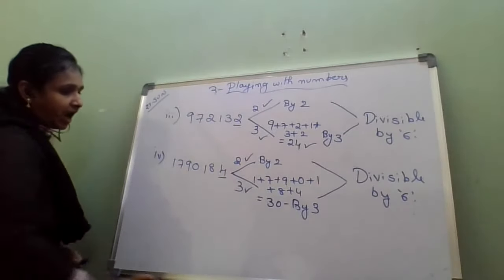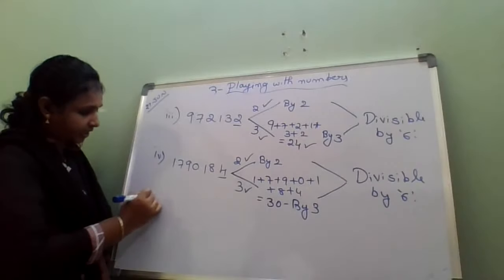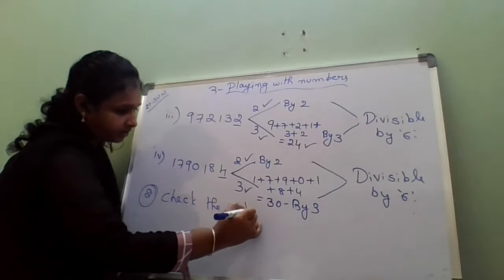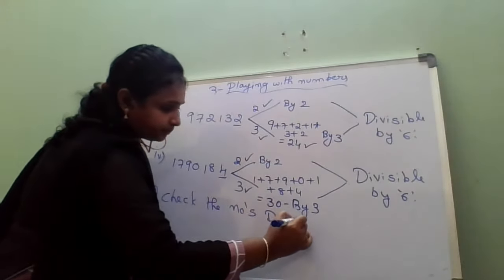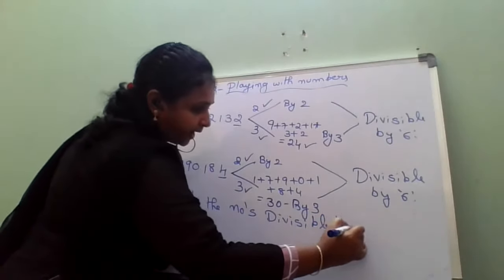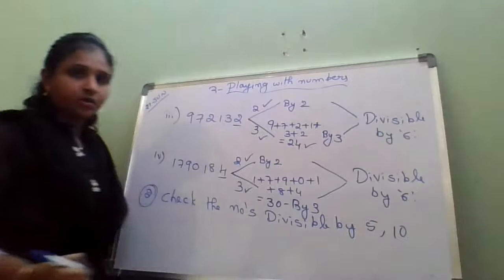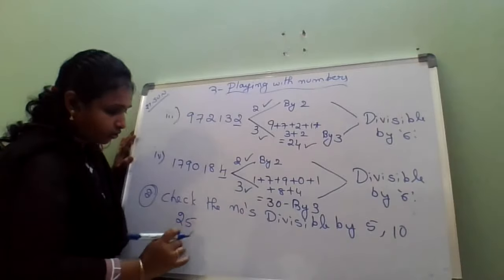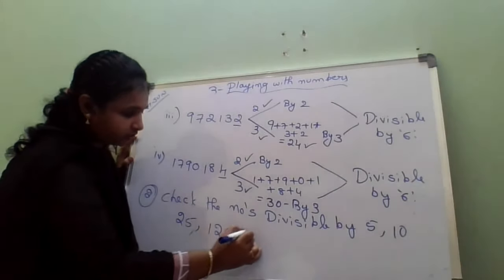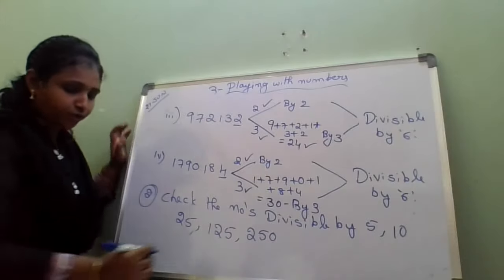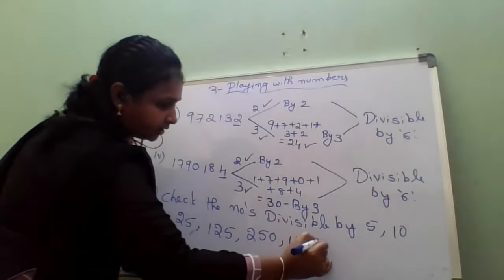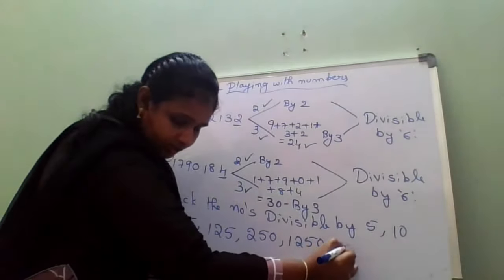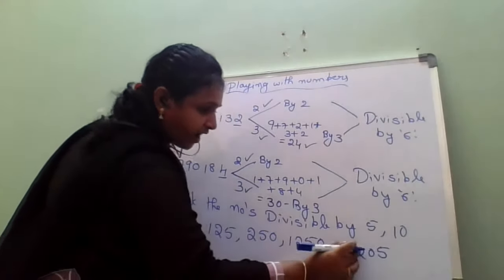I will give a set of numbers: 25, 125, 250, 1000, 10205.